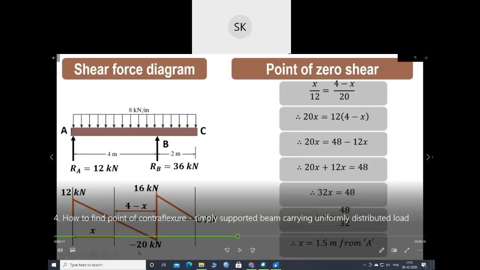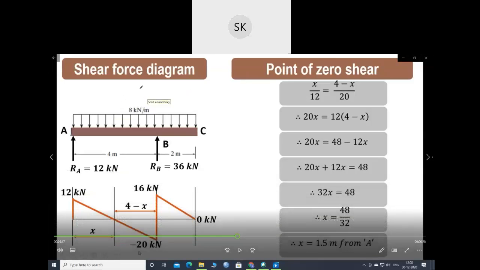As these two triangles are similar, they have found the x value from the figure. Or you can find it the conventional way: taking a section xx, equating the shear force equation of this part to 0, and finding the x value.